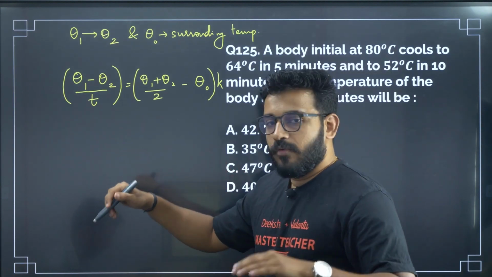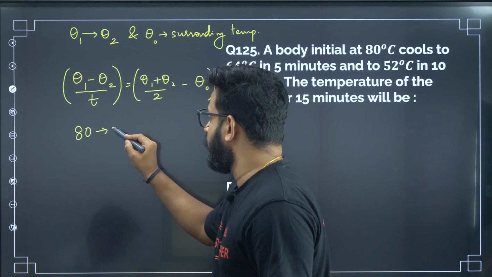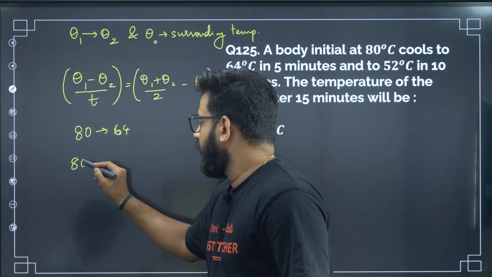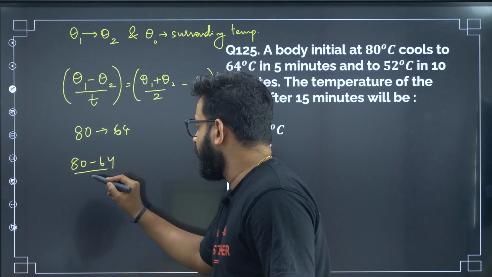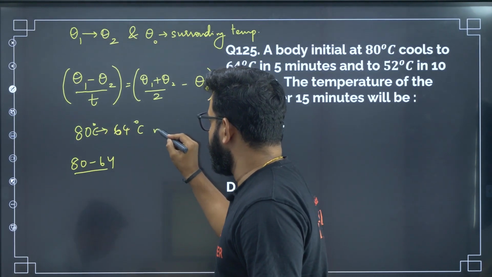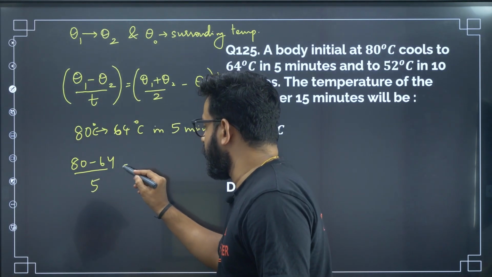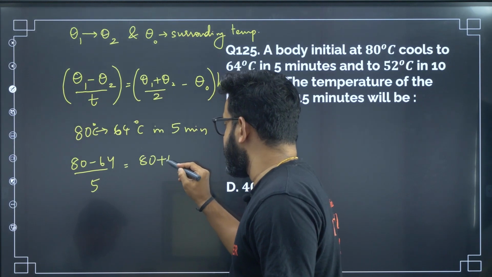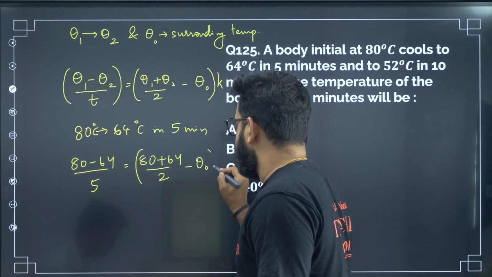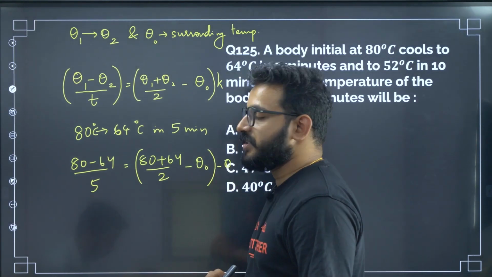Now at each occasion, first it is changing from 80 to 64. At that point, what will be the equation? (80 minus 64) divided by 5, the degrees Celsius in 5 minutes, is equal to (80 plus 64) by 2, the average of both of them, minus theta naught. Let this be equation 1.